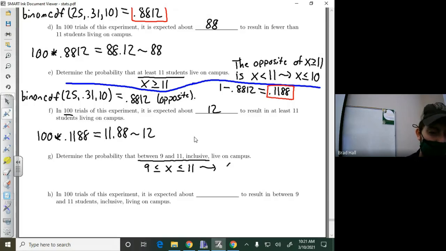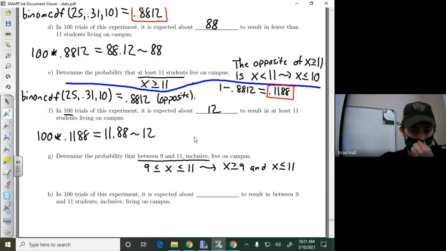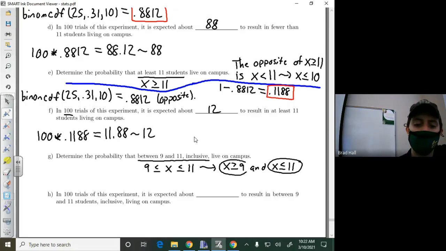So really what we have is x is greater than or equal to 9, and x is less than or equal to 11. So we have two things going on here. And one of them we could figure out really quickly. The other one, not so much.